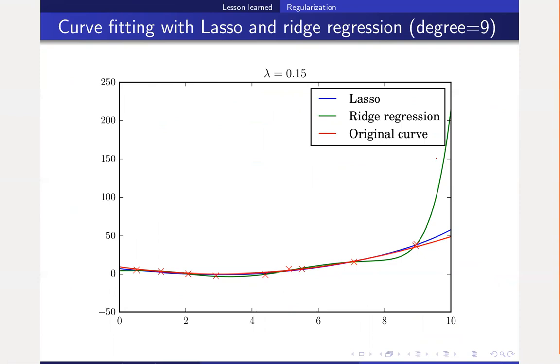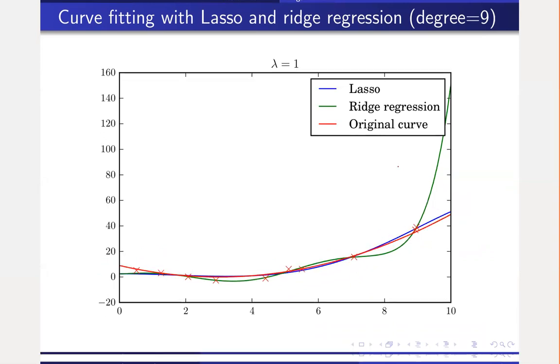Here I'm just showing what happens if I use ridge regression and also Lasso. For both cases I use the same lambda, and the blue curve is Lasso, and the green is ridge regression.